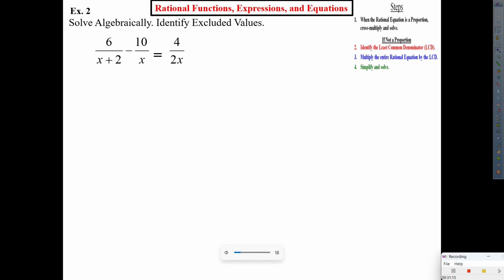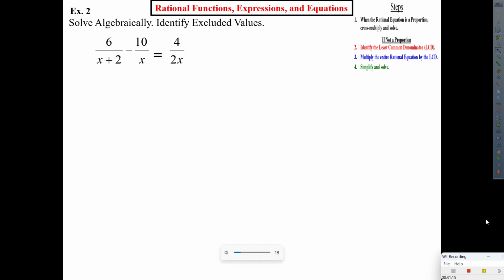Copy this one. You need a lot of space, by the way. Make sure you have enough space. So if you need to start a new paper, start it off. Example 2. 6 over x plus 2 minus 10 over x equals 4 over 2x. Copy that. 6 over x plus 2 minus 10 over x equals 4 over 2x.